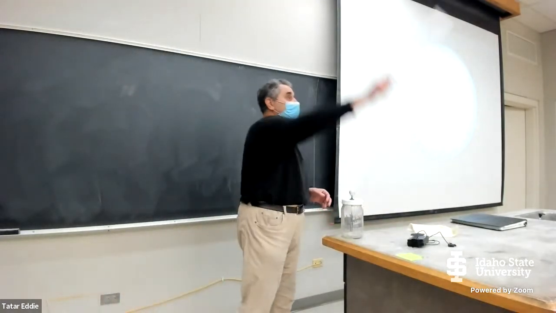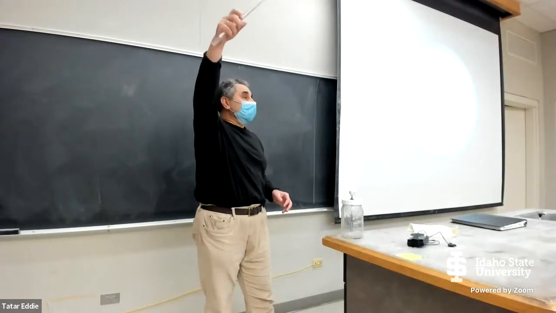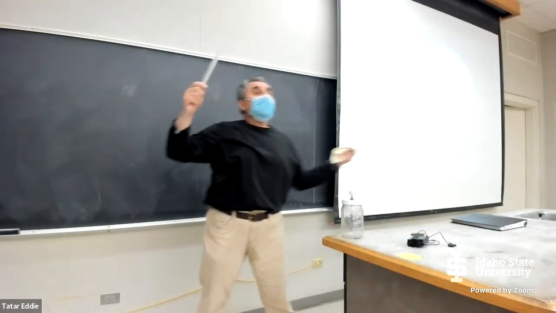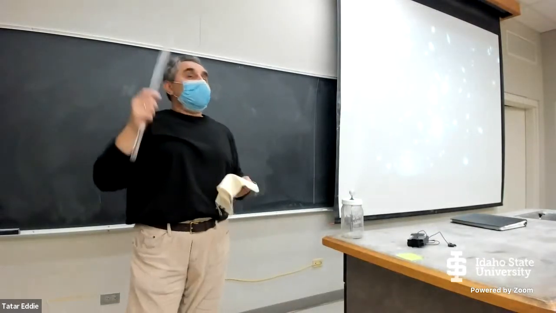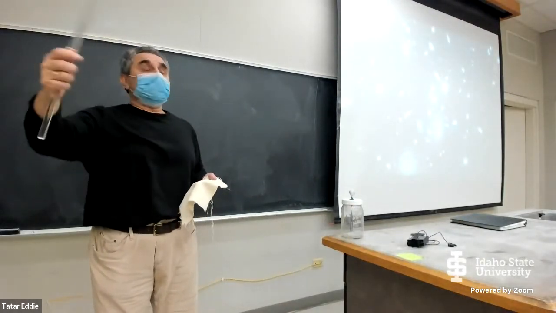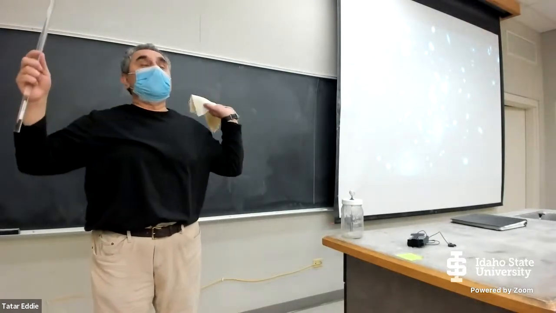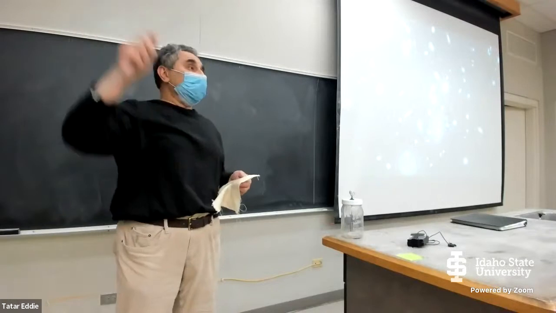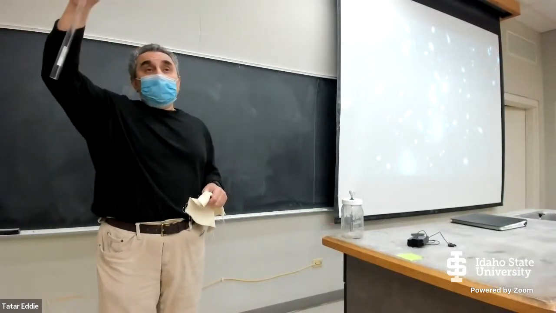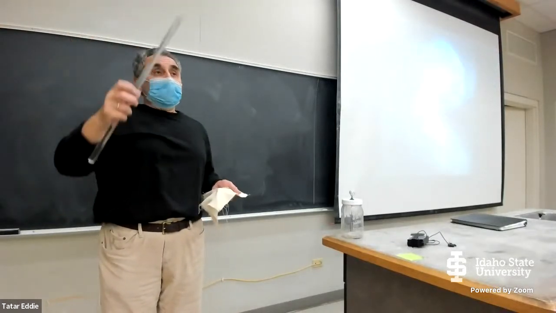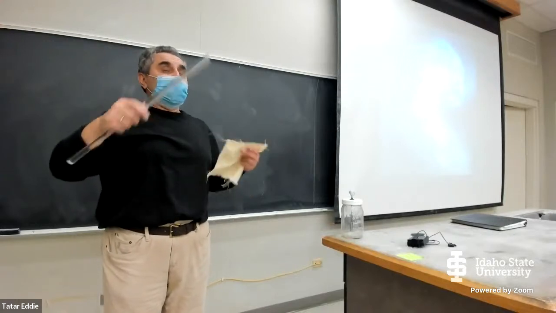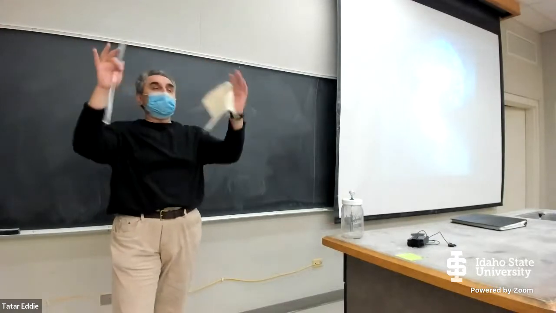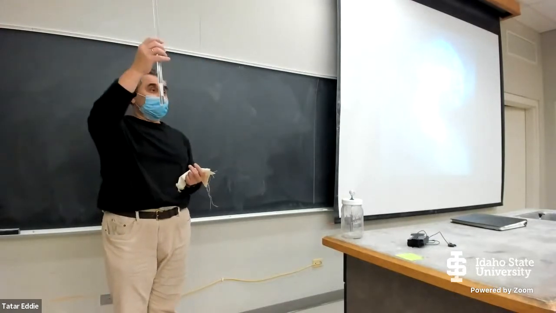Ordinary materials, like the material in this plastic stick, contain an equal number of positive and negative electric charges. So we assume that there are two types of electric charges, positive and negative, and ordinary material like this plastic contains an equal number of positive and negative. The result is electrically neutral material.